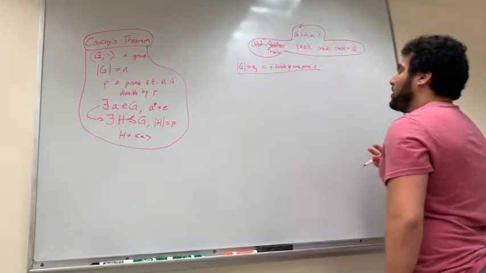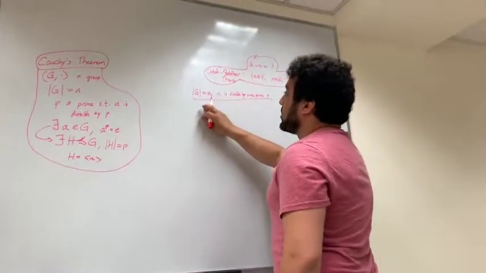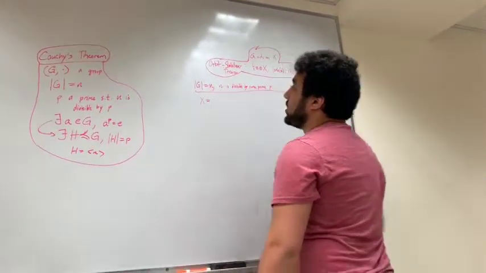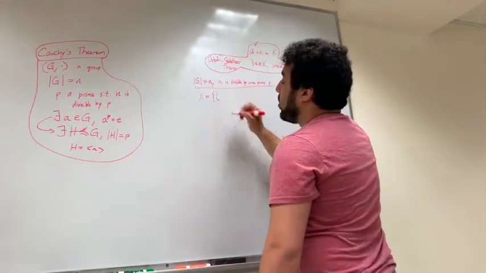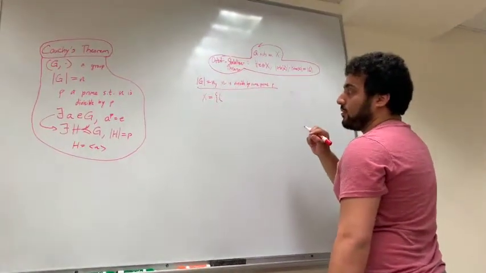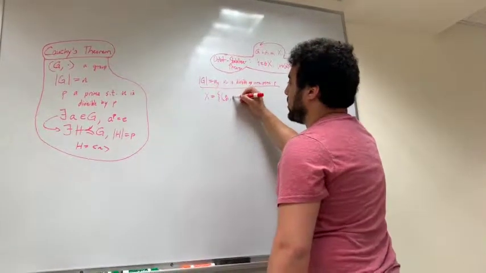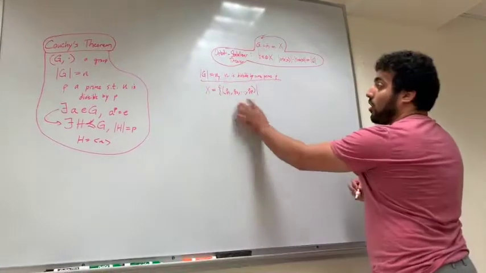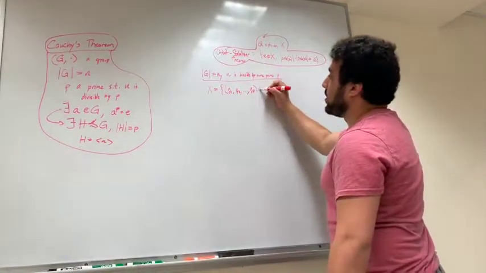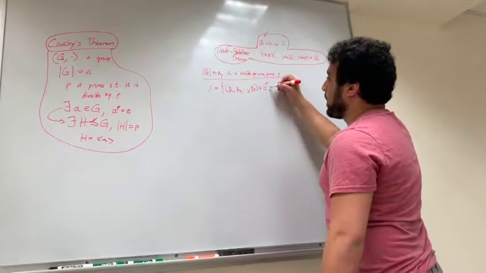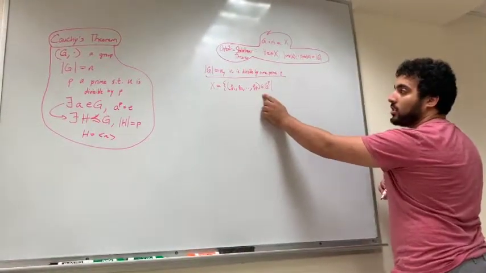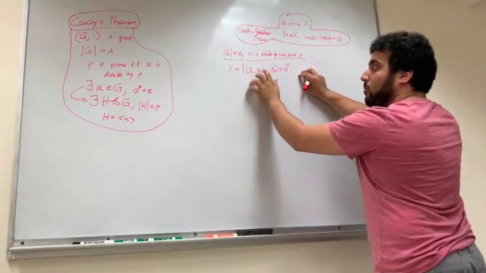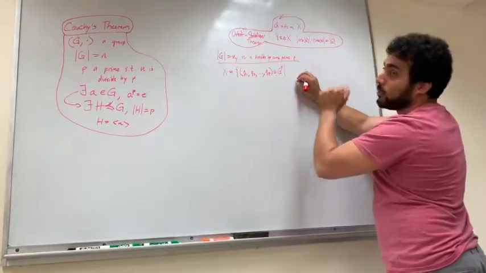So we're going to define an action. First we'll say what the set that's being acted on is. X is going to be the set of all P tuples of elements of G, so elements G1, G2, etc. up to GP, which is an element of G to the P, with our only condition being that when you multiply each of these together, you get the group identity.